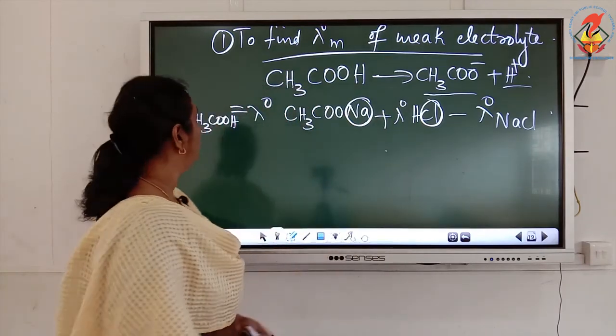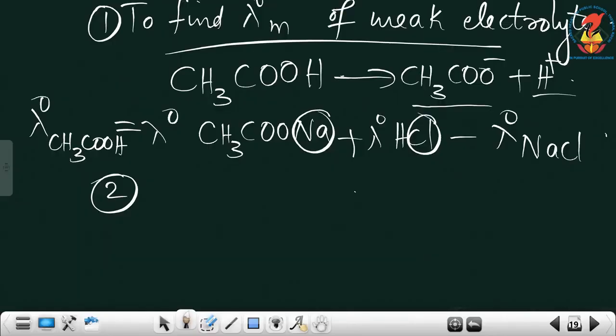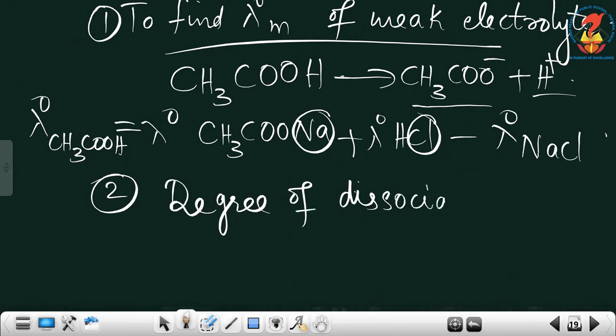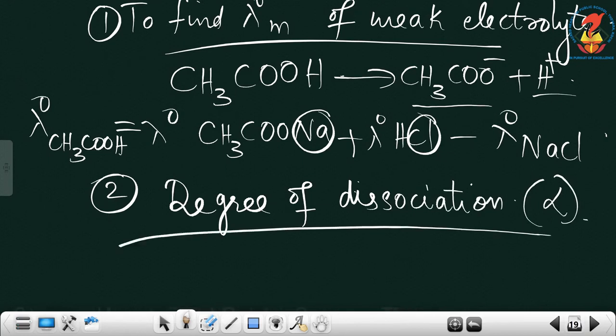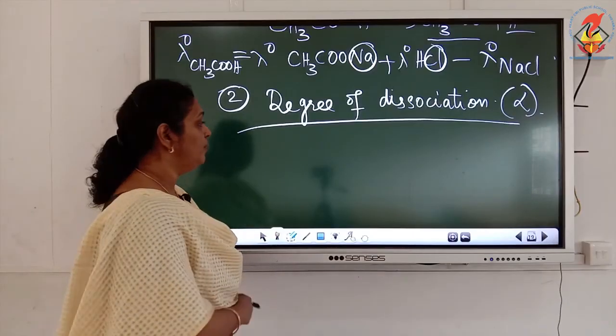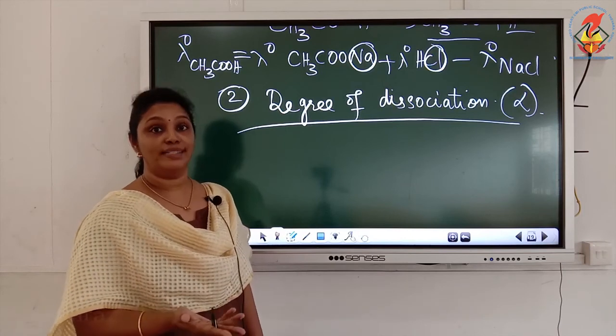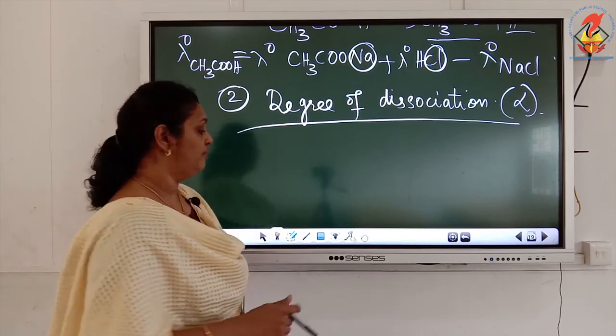The second application of Kohlrausch's law is the calculation of the degree of dissociation, denoted by alpha. If you know the limiting molar conductivity and the molar conductivity at a given concentration, we can find the degree of dissociation.